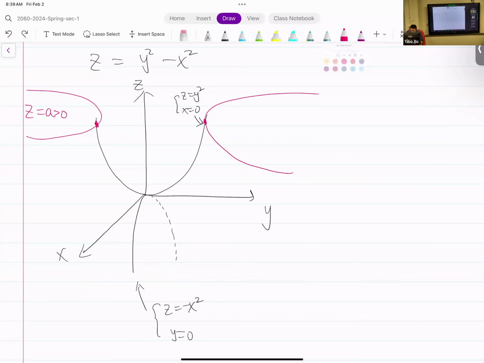I'll put it in the lower part. It will be on the negative side, but I'm going to just sketch it like this. Basically, it's intersecting this point and that point. So that's where you have Z equal to a constant. Let's say A is positive, so we have Z equal to negative A.